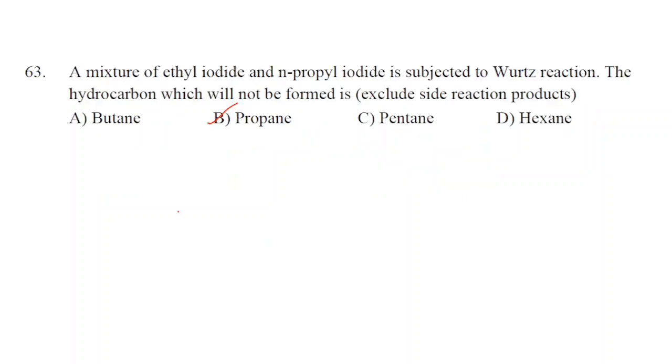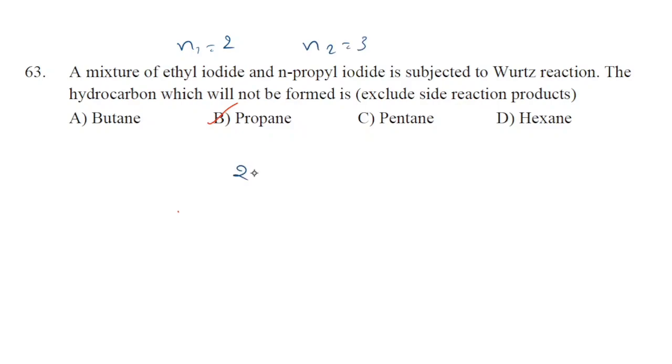A mixture of ethyl iodide and N-propyl iodide is subjected to Wurtz reaction. The hydrocarbon which will not be formed is. So in the case of Wurtz reaction, we know a mixture of products is formed, and here N1 is equal to 2, the number of carbon atoms in ethyl iodide, and N2 is equal to 3 as it is propyl iodide.